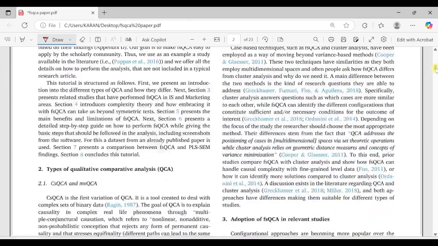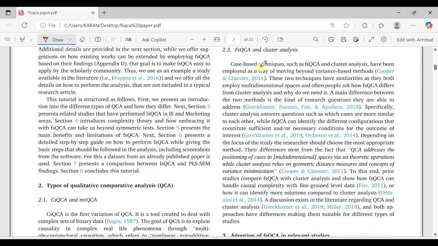Going further, case-based techniques such as fsQCA and cluster analysis have been employed as a way of moving beyond variance-based methods. Cluster analysis, which we often do in SPSS. These two techniques have similarities as they both employ multidimensional spaces, and often people ask how fsQCA differs from cluster analysis and why do we need it?